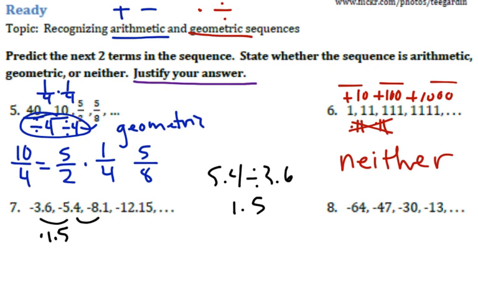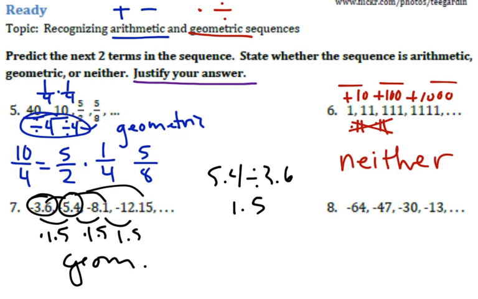Do we get 8.1? And we do. So it's geometric, and we are multiplying by 1.5. So when you're tested and you're not sure, it's not easy to see, just take the second number, subtract or divide by the first number, and then test that with the other ones.